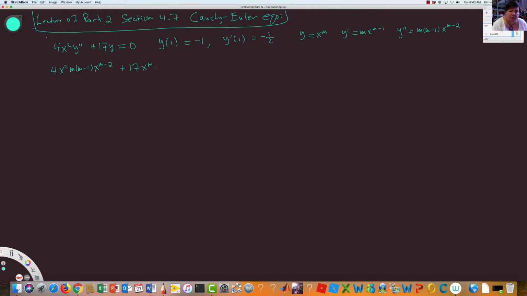Because we don't have that first derivative term. And this is going to combine to give me x to the m, and this is already x to the m, so I'm just going to cancel that out. So we get 4m times m minus 1, plus 17 equals 0. And this becomes 4m squared minus 4m plus 17 equals 0.